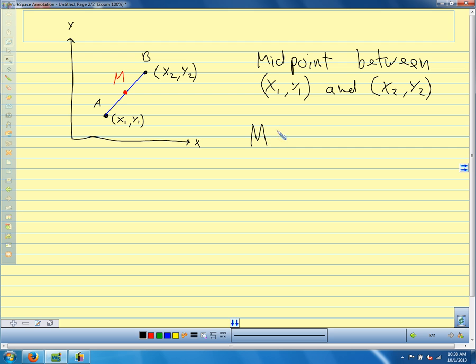I'm going to say m equals, and we have a point here, so we need 2 numbers: x1 plus x2 divided by 2. There's my x part. I'm going to call that x. And y1 plus y2 divided by 2. And that's the y part of my midpoint.